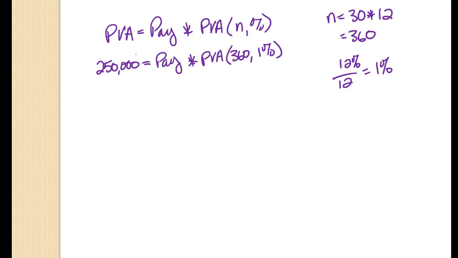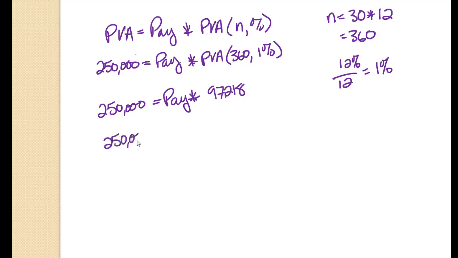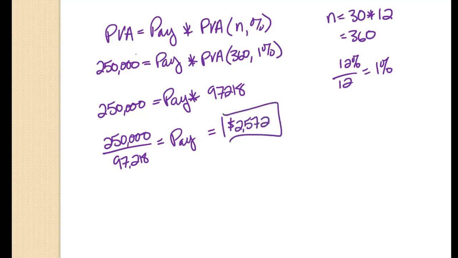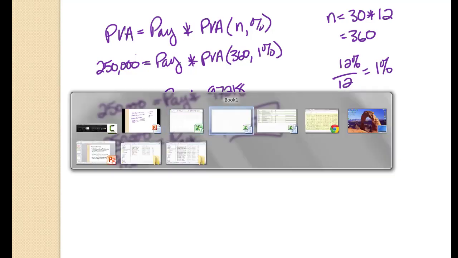So for now, the factor here is 97.218. So 250,000 divided by 97.218 equals our payment, which comes out to $2,572.